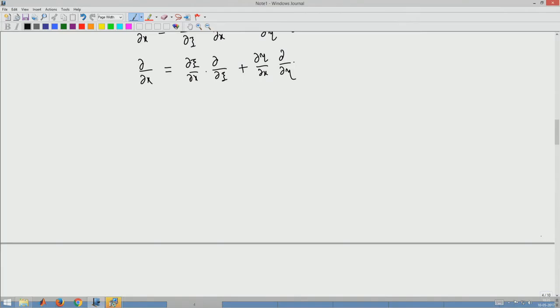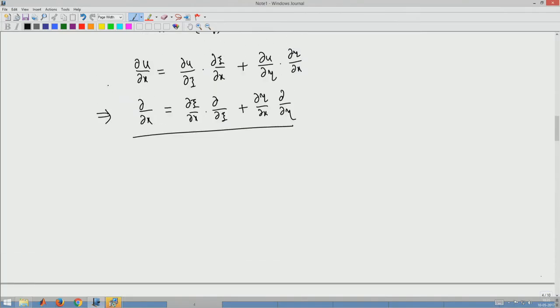If you remove this u, what you get is dou x in this form. I know xi is a function of x, y, so I can calculate xi_x, and eta is a function of x, y, so I can calculate my eta_x. So that will give my dou x.